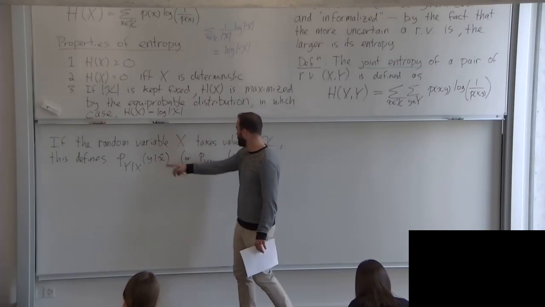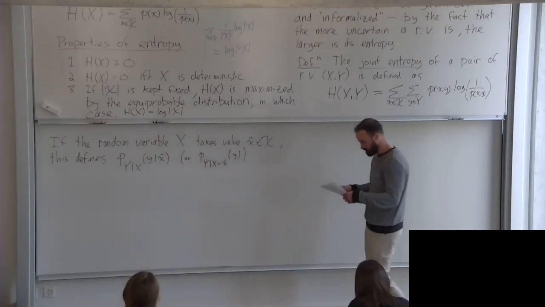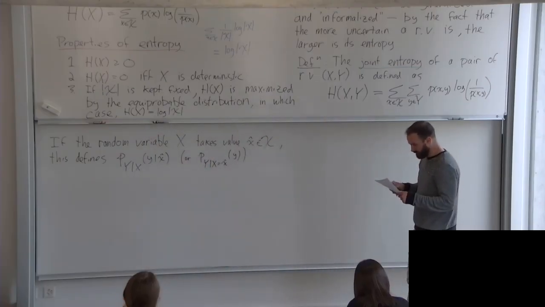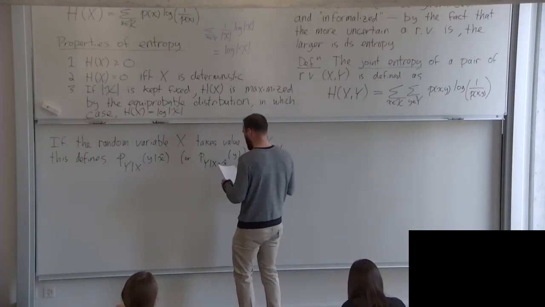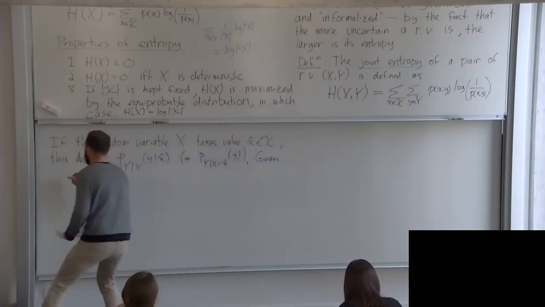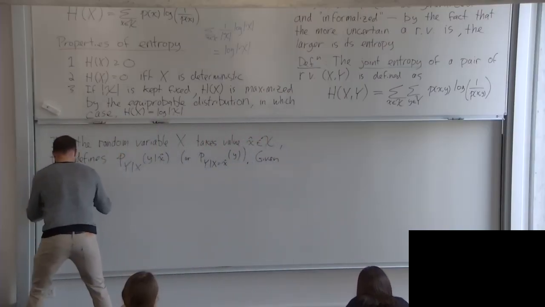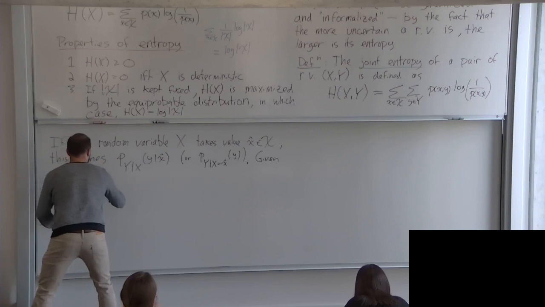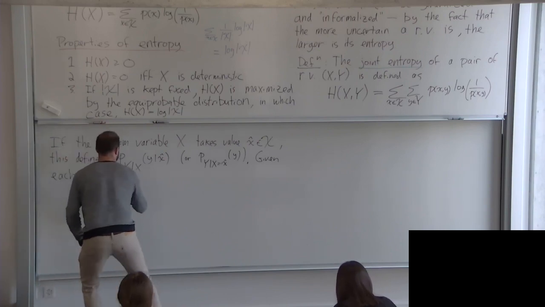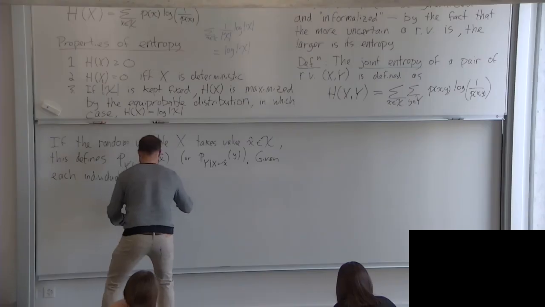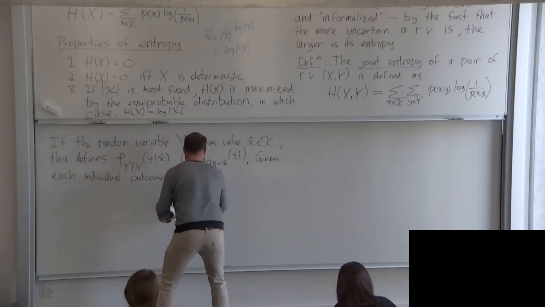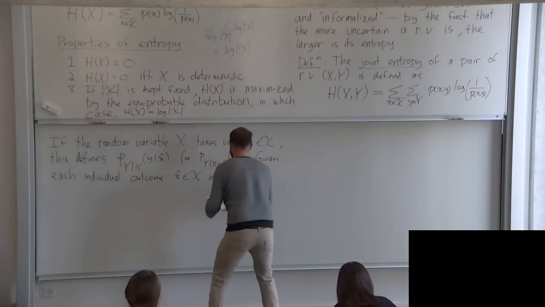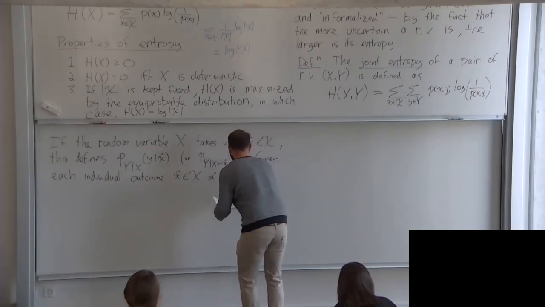I guess these are two equivalent ways of writing it. Correct, okay. This defines this. And given each individual outcome x hat in cal X of the random variable X, there is residual entropy.